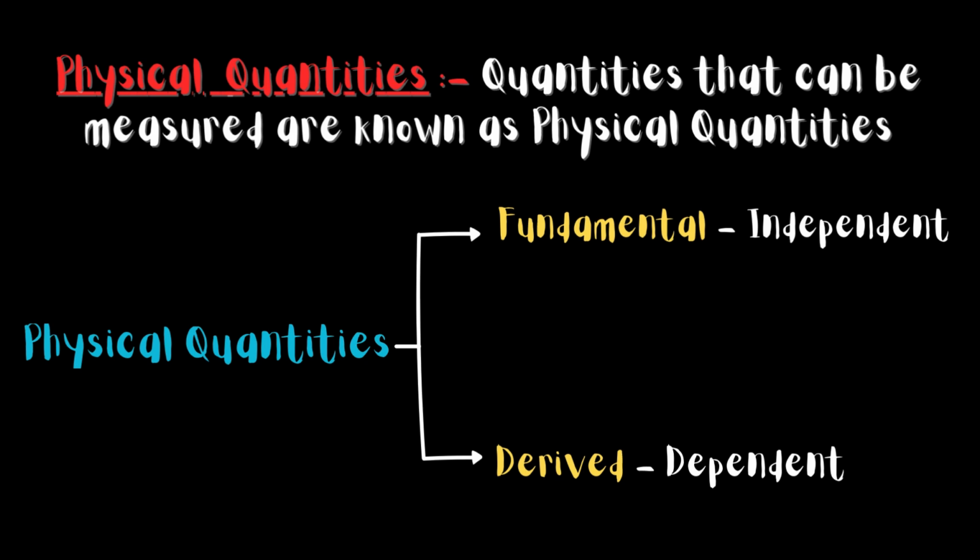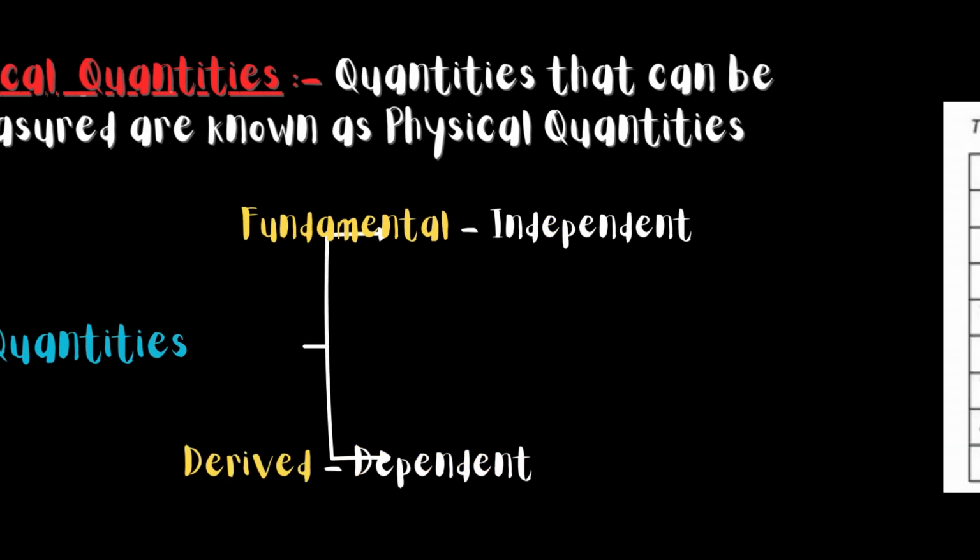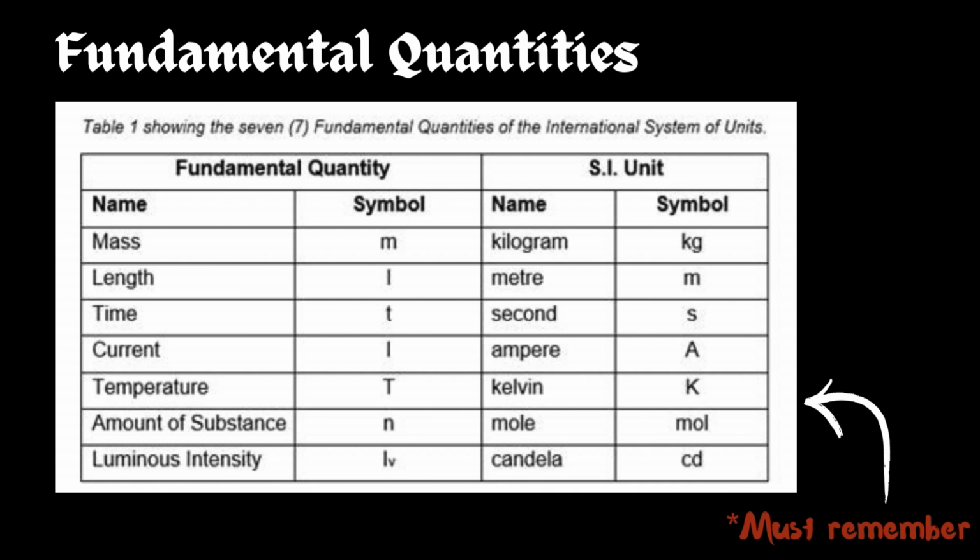Here is table 1 showing some fundamental quantities, and I suggest you students, this is a very important table to remember, which will be very helpful from the exam point of view. There are a total of 7 fundamental quantities: mass, length, time, current, temperature, amount of substance, and luminous intensity.